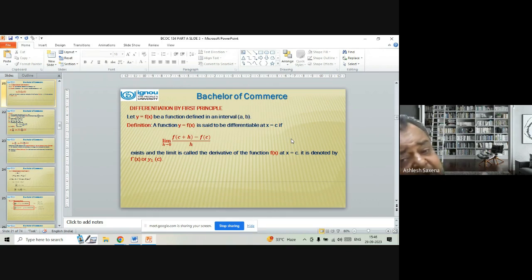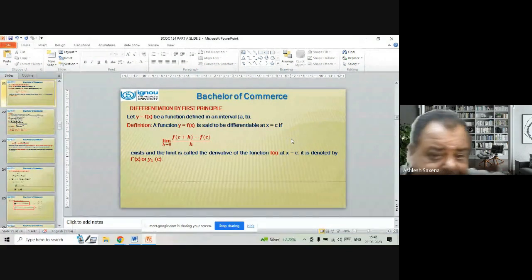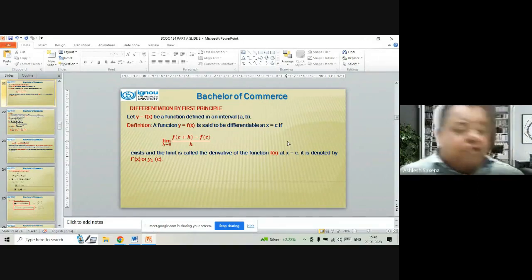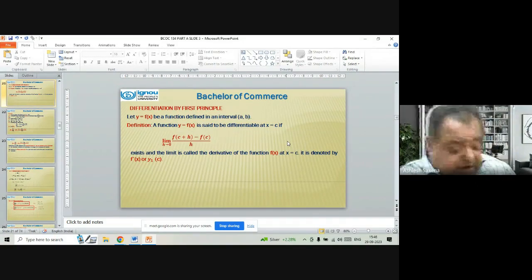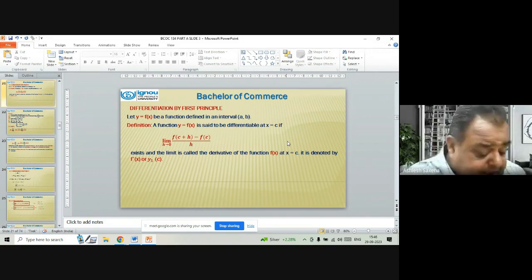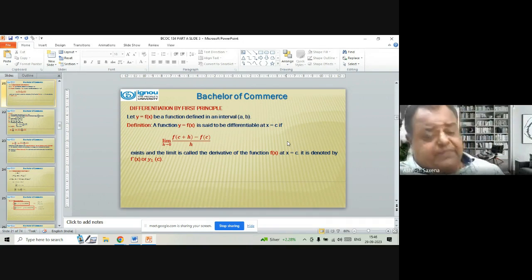The function is defined in the interval (a, b). By the definition of differentiation, a function y = f(x) is said to be differentiable at x = c if the limit as h tends to 0 of [f(c + h) - f(c)] / h exists, and the limit is called the derivative of the function f(x) at x = c.